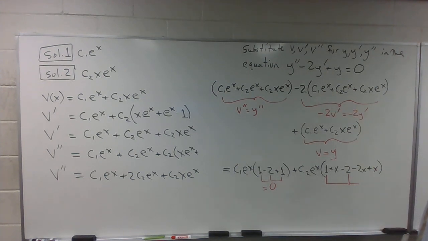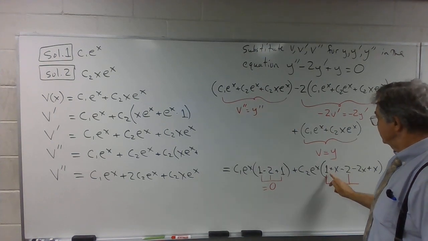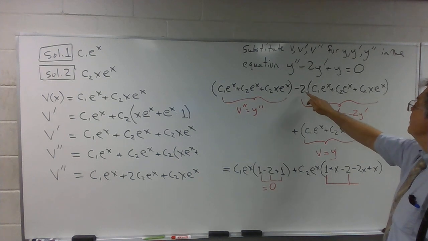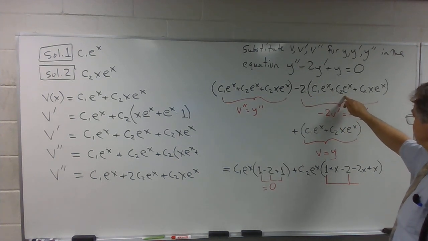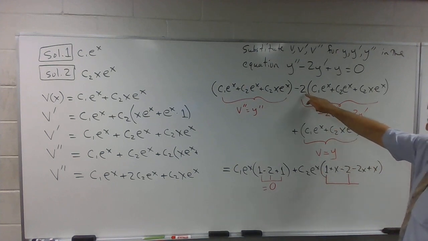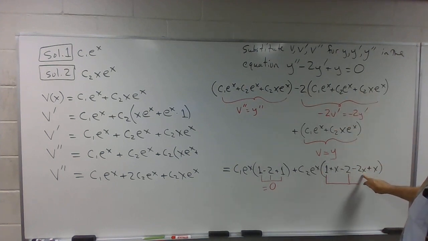No. 1 c2 e to the x plus x c2 e to the x minus 2 c2 e to the x minus 2x c2 e to the x.